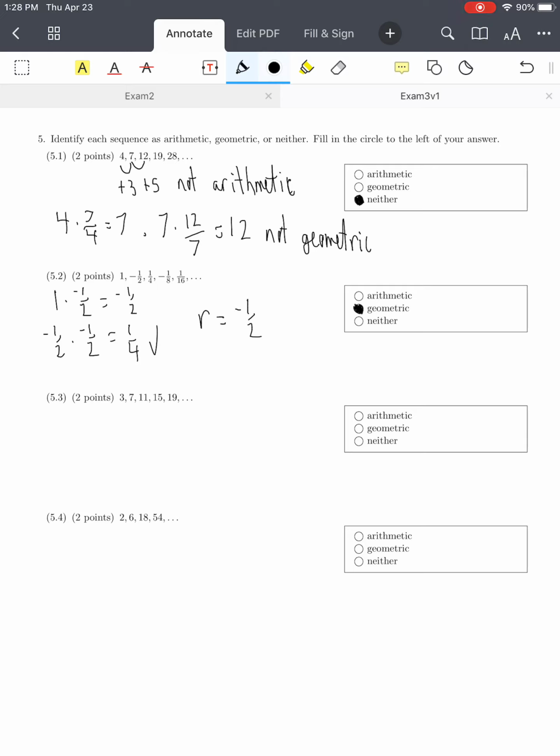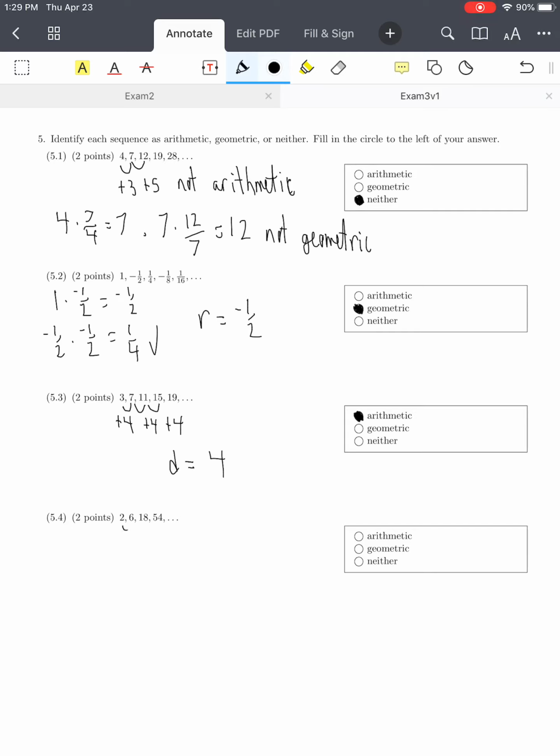For part 3, 3 to 7 is +4, 7 to 11 is +4, 11 to 15 is +4, so those are all the same. It's arithmetic. The common difference is 4. And for part 4, 2 to 6 is +4, 6 to 18 is definitely not +4, so it's not arithmetic.